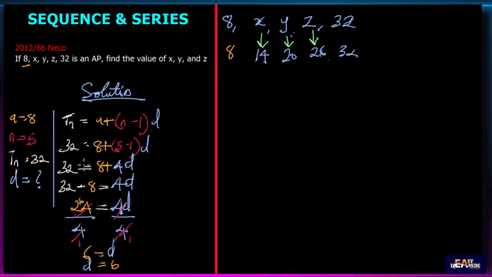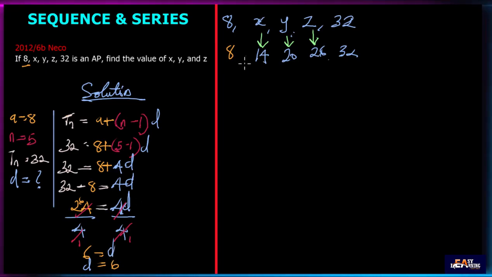Doing that, we carried 8 over to this side, the sign changed to negative, and 32 minus 8 gives 24. 24 equals 4D. We divide both sides by the coefficient of D, which is 4, and 6 equals D, the same as D equals 6.